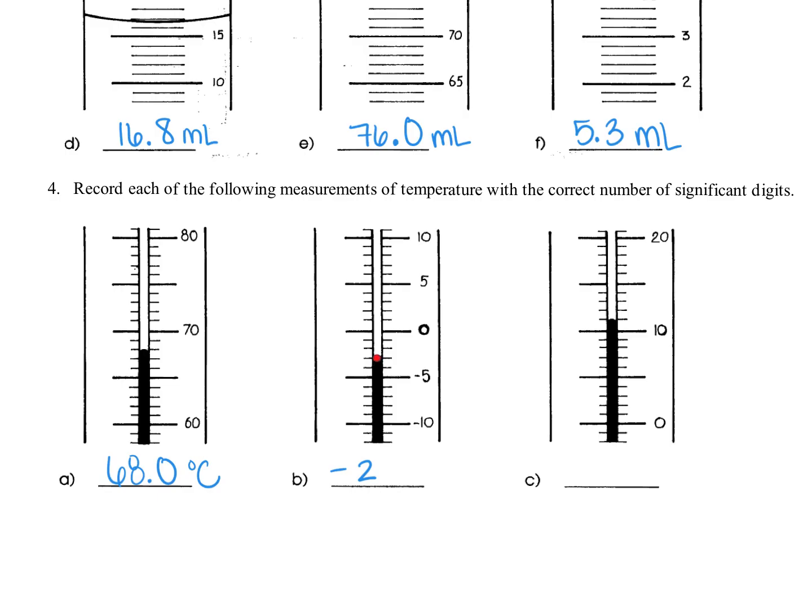And then we look at the top of the black line, and we have to guess: is it halfway between the -2 and the -3, or is it closer to one of those numbers? Okay, how many of you agree it looks closer to -3? So what could we write for a measurement? Okay, so maybe -2.8, -2.9, -2.7.